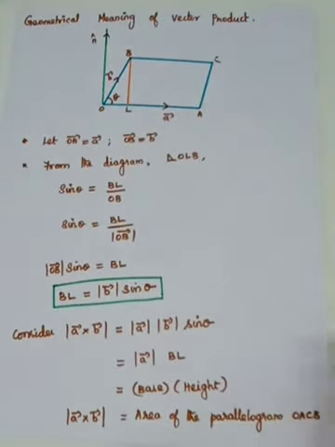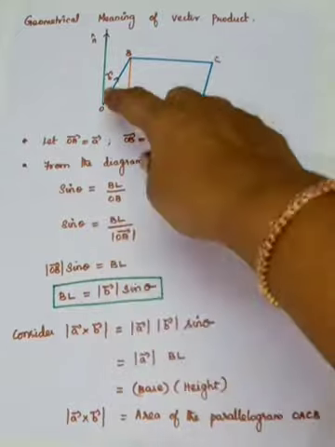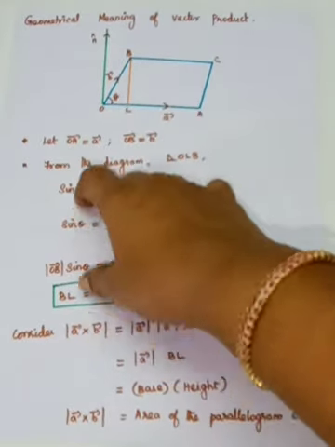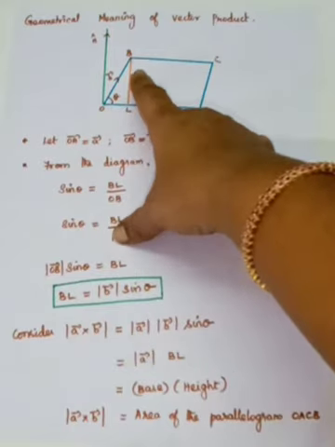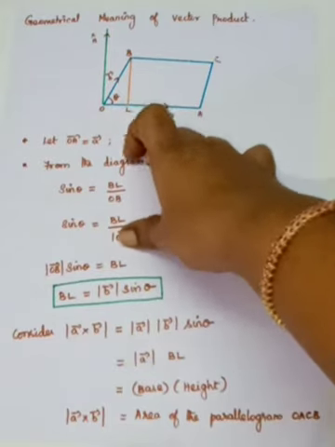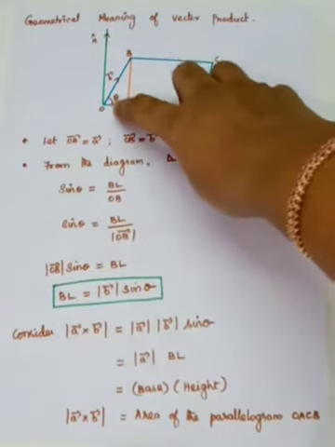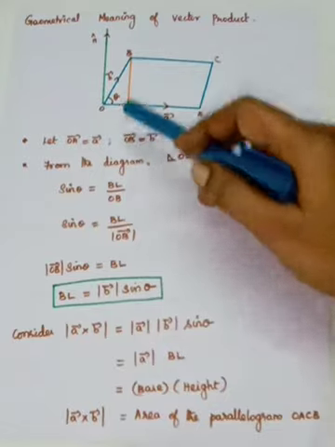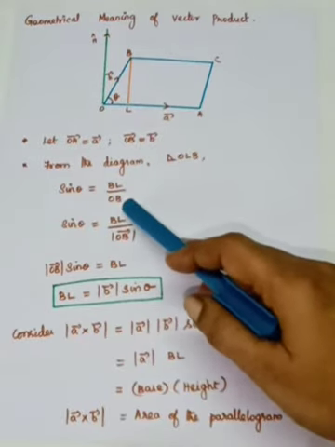Okay, so now we are going to see the definition of A vector cross B vector. Consider this right angle triangle, in which you are going to find sin theta. Sin theta means the opposite side divided by hypotenuse. Which is the opposite side for this theta? BL is the opposite side and the hypotenuse is OB. So BL by OB.